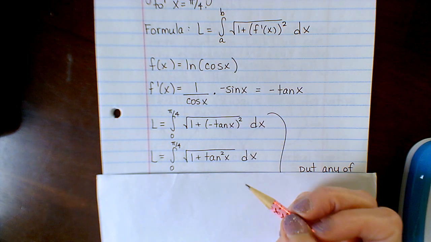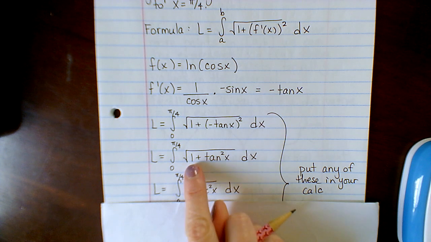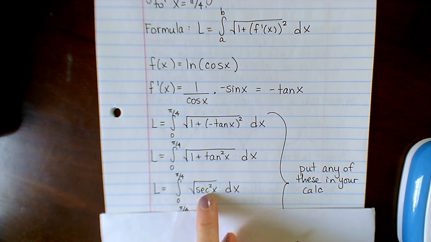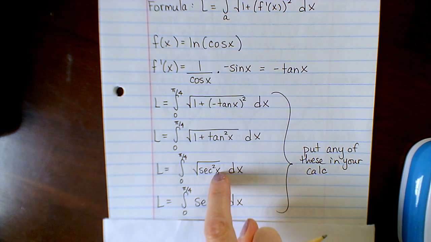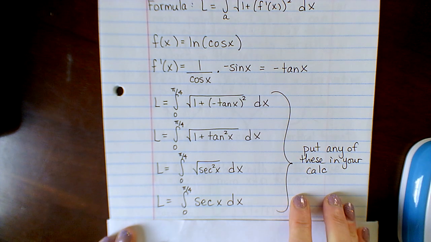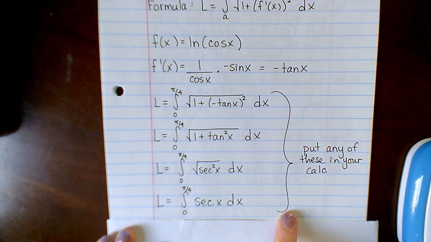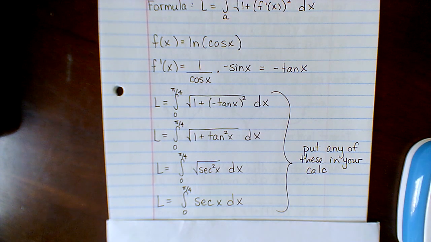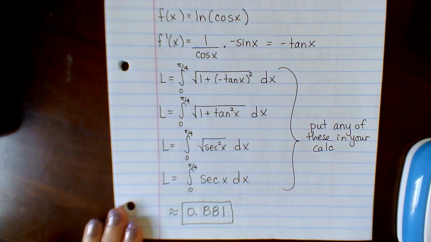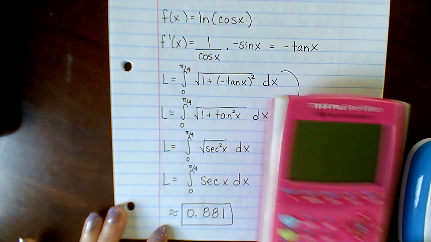You can put that in your calculator, or if you notice that 1 plus tangent squared is the same as secant squared, that's a Pythagorean identity from trig, and you just have to integrate secant, you can. Basically, any of these you can put in your calculator. So whichever one you get to, that's what you're going to do. And so my answer is going to be 0.881, but let's go ahead and see.